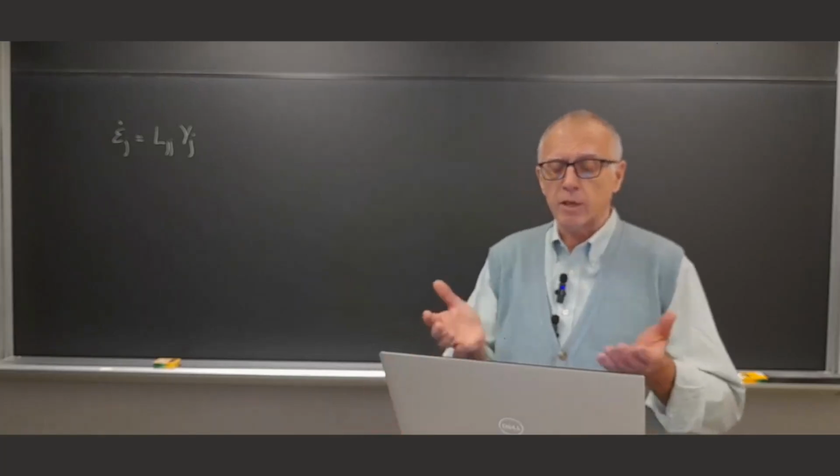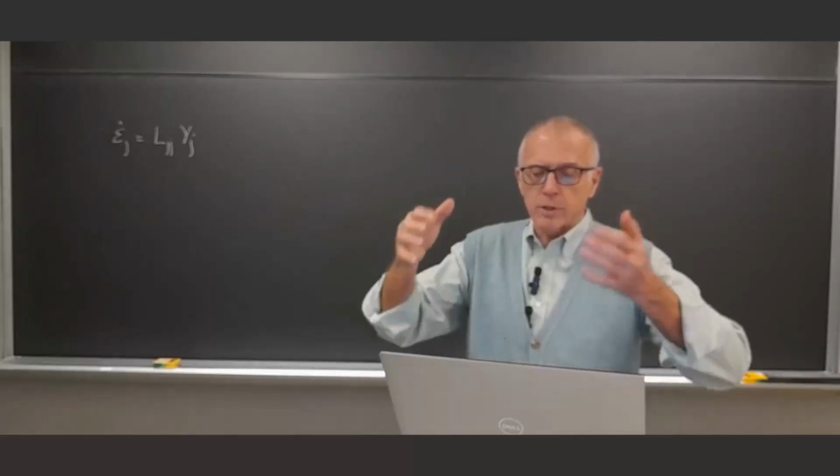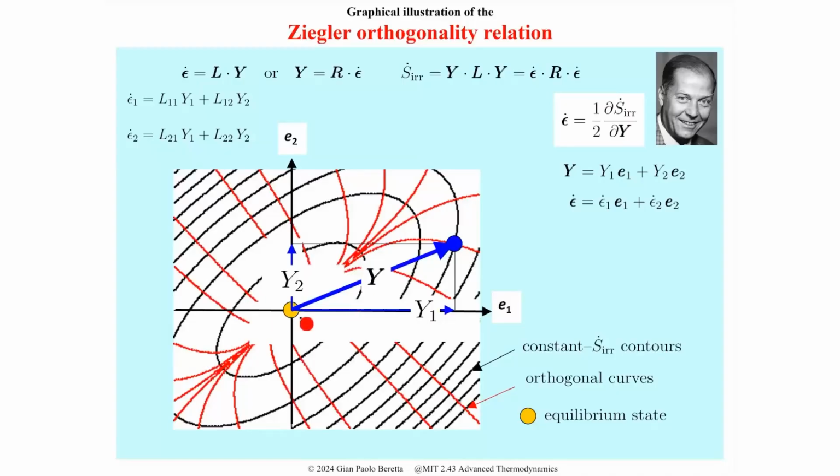So you may think of those contour lines as those of an ellipsoid that is touching 0 at equilibrium. The red curves represent the gradients of these contours. So these curves are everywhere orthogonal to the constant entropy contour lines. Okay.